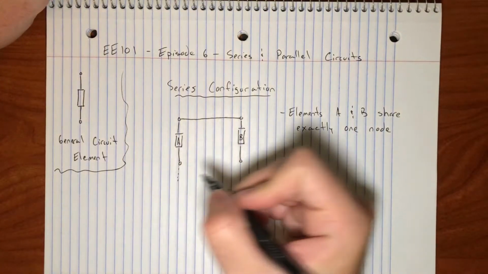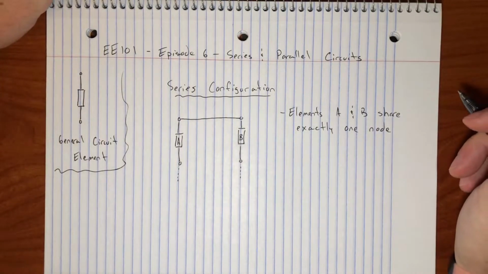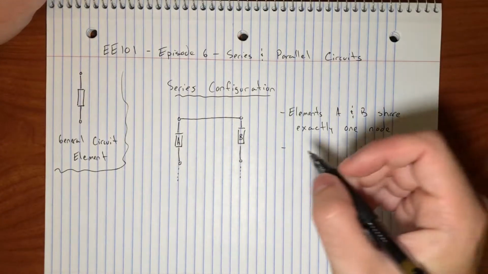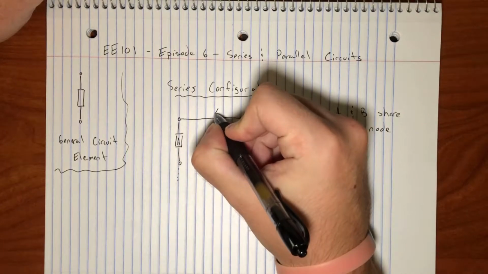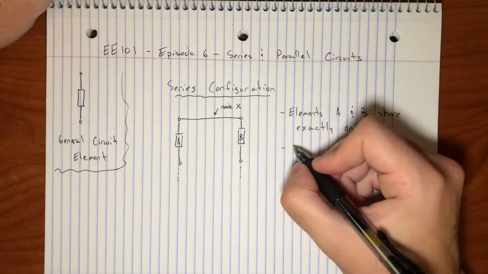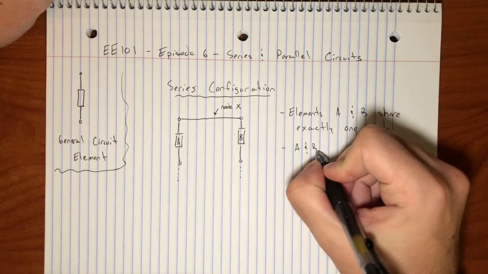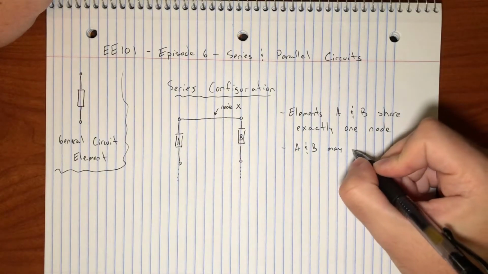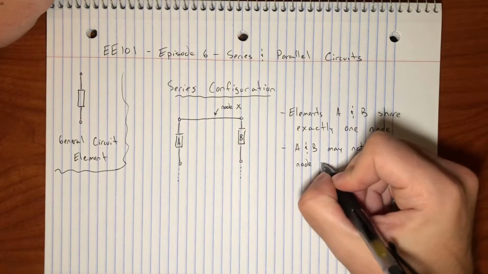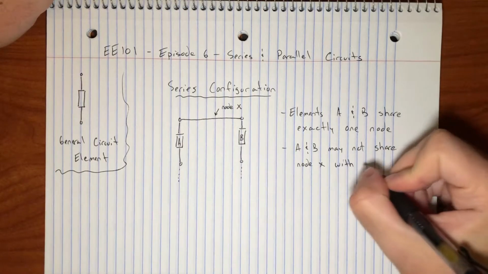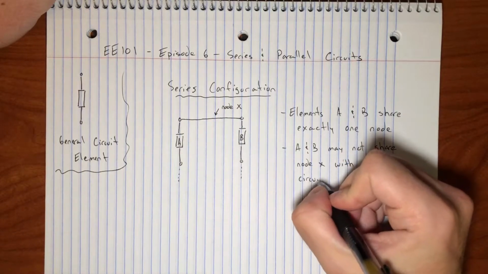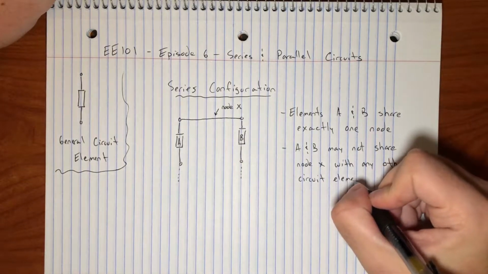Okay, and there's a second rule. Let me draw dots off like this, so there's other things happening in this circuit. The second rule is what makes this super trivial, is that, and maybe we'll label this node X, A and B may not share node X with any other circuit element.